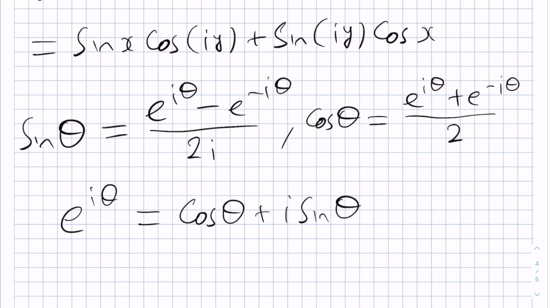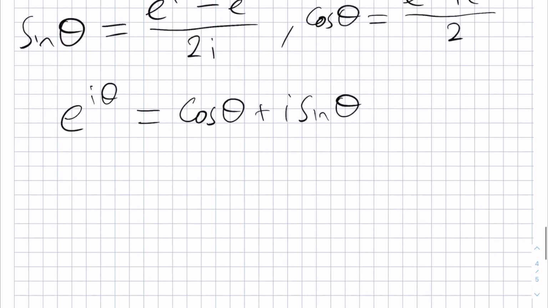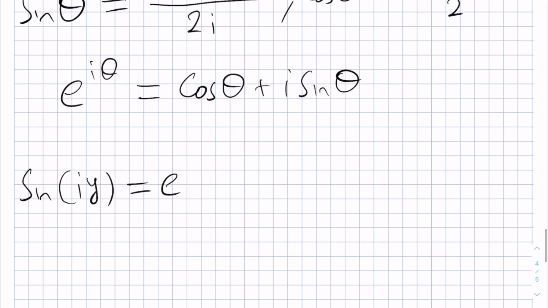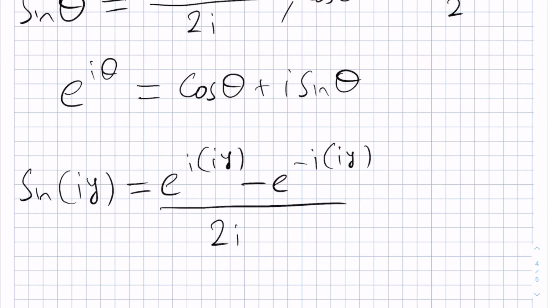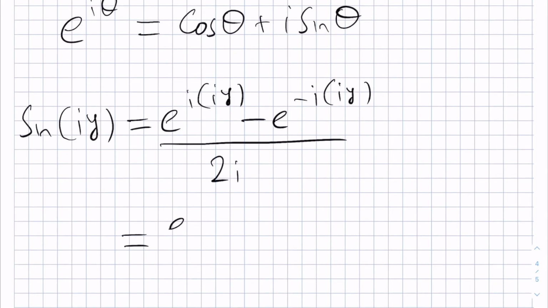If we put iy in place of theta, everywhere we see a theta in these results, then we have sine of iy is e to the i iy minus e to the minus i iy, all divided by 2i, and then we have these i times i giving us an i squared, which is minus 1, and so we have e to the minus y minus e to the y over 2i.